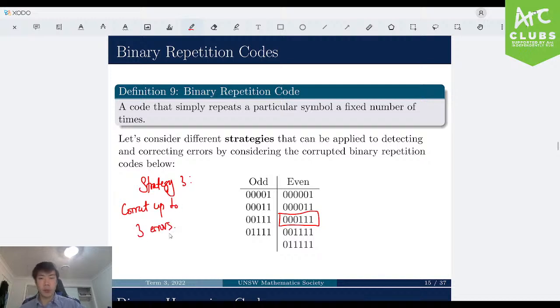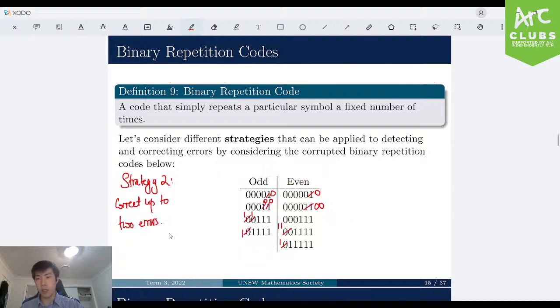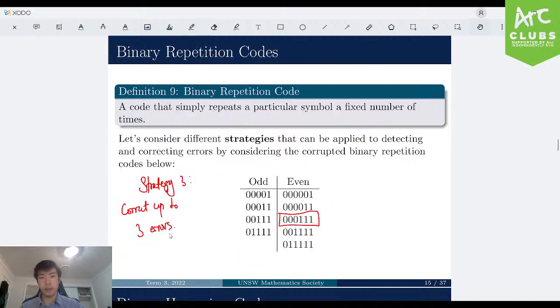So this one must be happy to correct up to 1, up to 2, up to 3. Okay, but the issue here is, even if we are happy to correct up to 3 errors, we don't know what to correct this to.